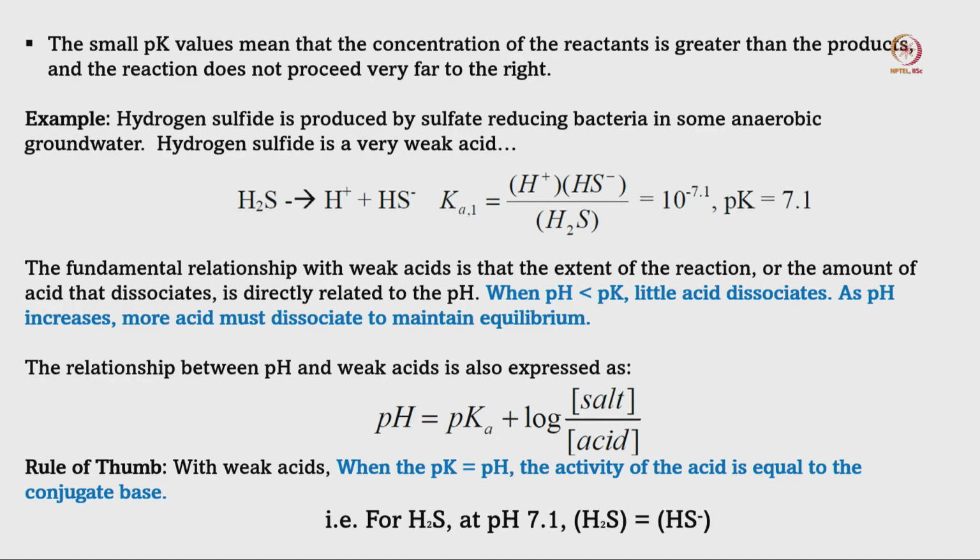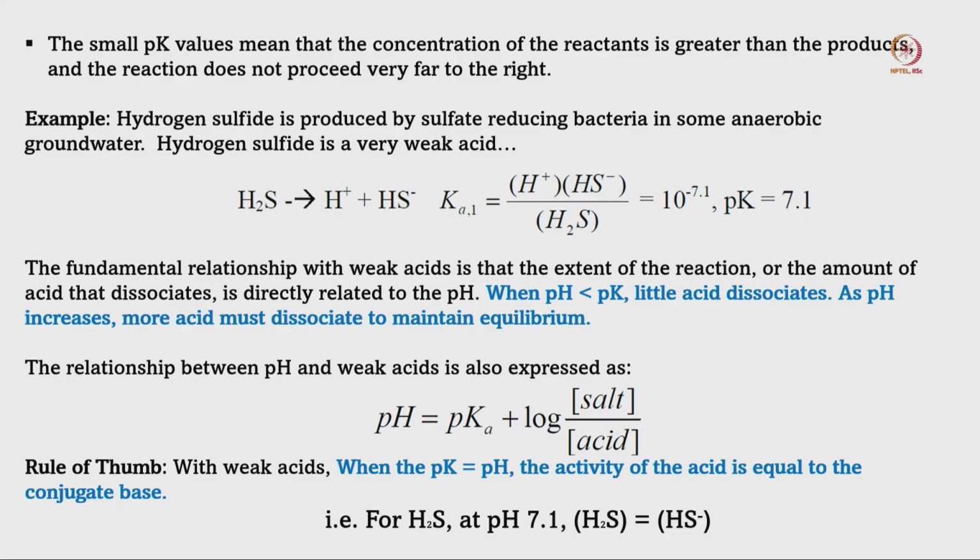Small pK values mean that the concentration of the reactant is greater than the products, and therefore there is not complete dissociation, that is, the reaction does not proceed very far to the right. The products are not too great as compared to the acid.